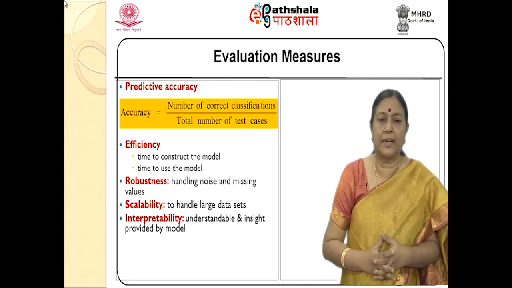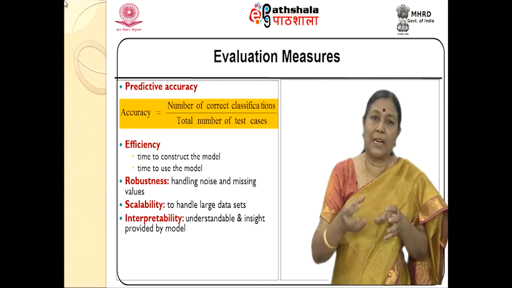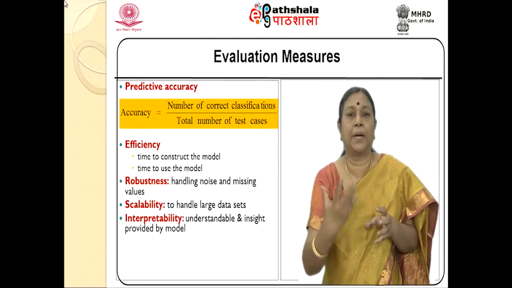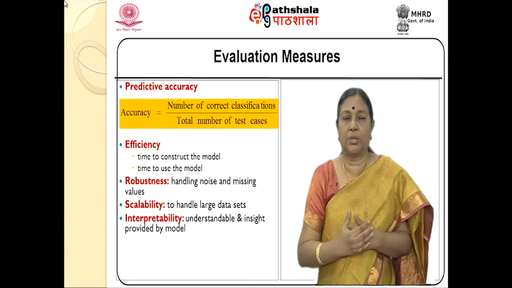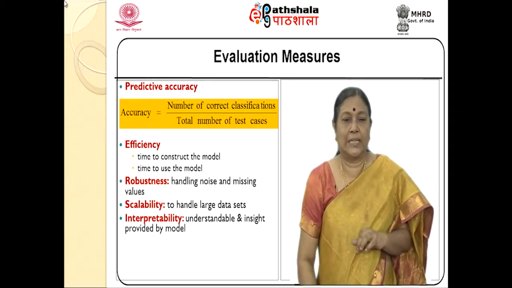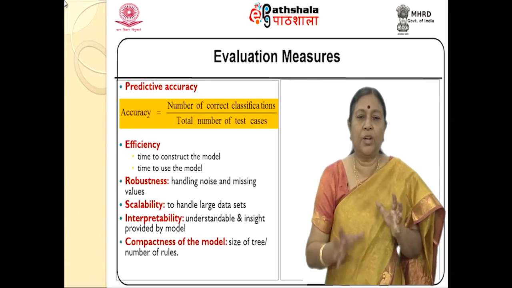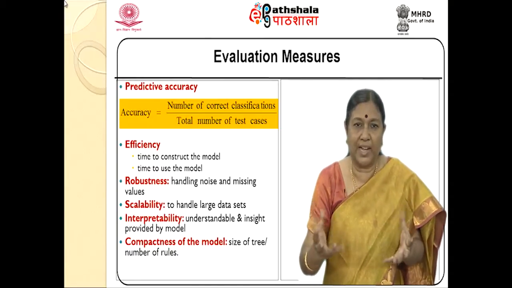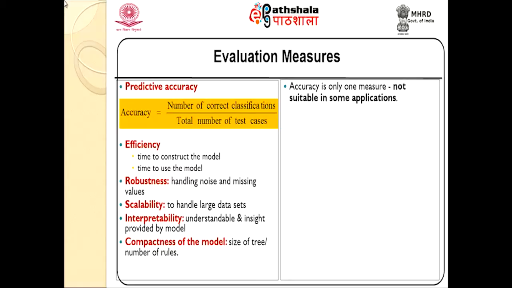Interpretability is the other: understanding how the classification is done, interpreting the model, is the model interpretable. This is again applicable to eager learning and not lazy learning. And then compactness, the size of the tree or the number of rules that you have, these are other issues that we will consider. Accuracy is only one measure and is not suitable for all applications.